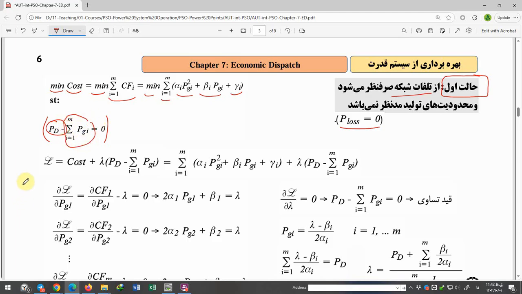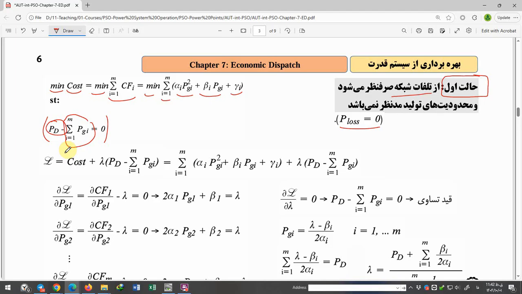So in running the optimization, in this book we introduced a traditional method called the Lagrangian method, for finding the optimal operation or optimal amount of cost function with the traditional mathematical method called the Lagrangian method.